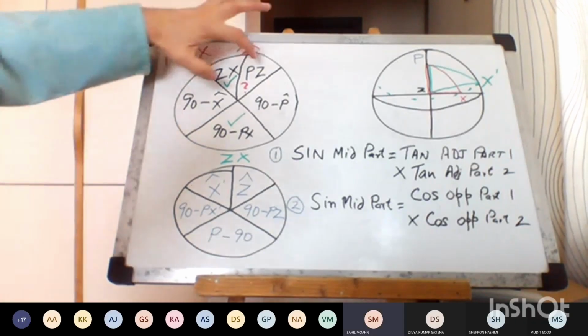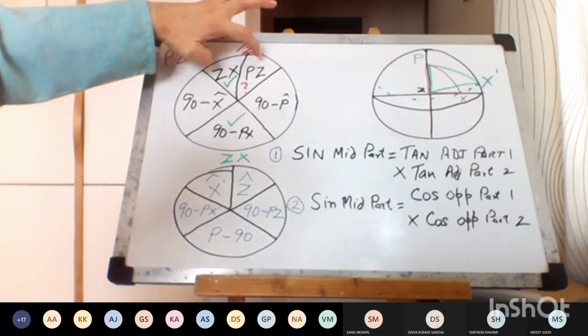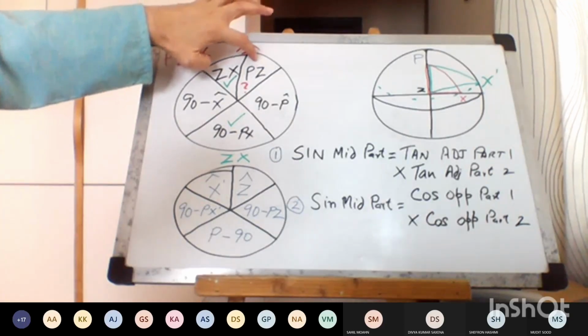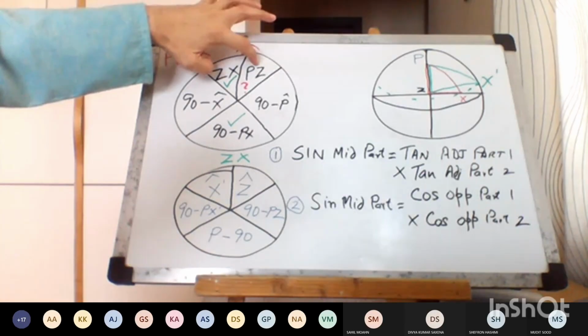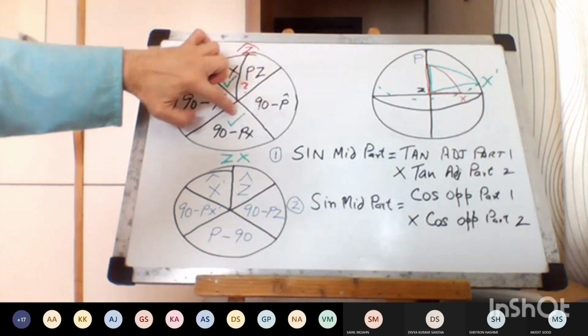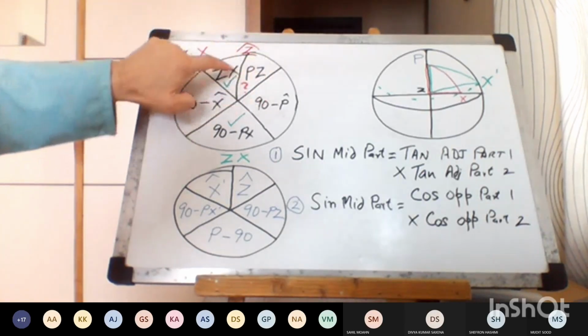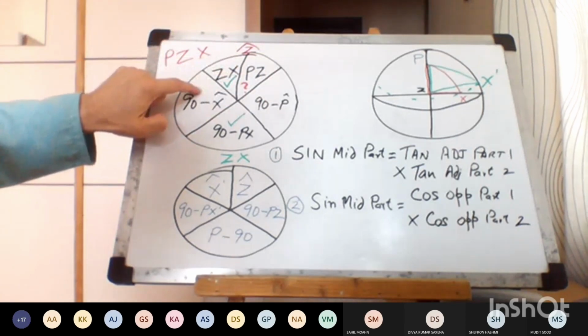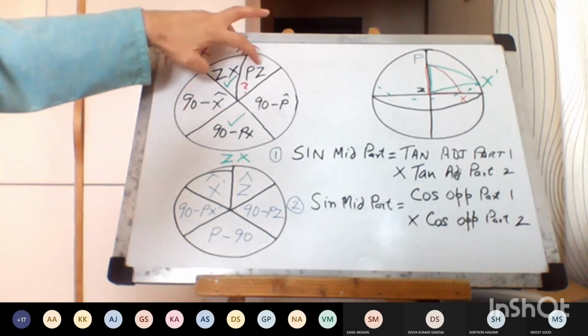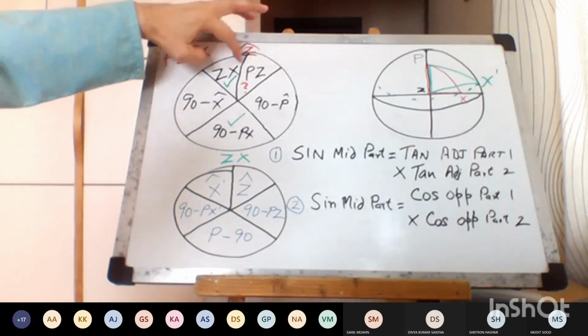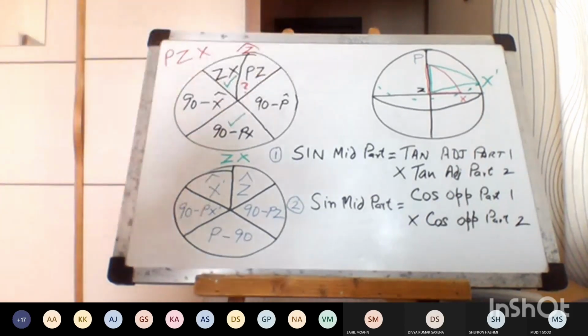Just because I have to find Pz does not mean that I have to keep it as the middle part. Because if I keep this as the middle part, then this one is okay, opposite, after leaving one, but this one is not okay. I don't know the opposite part. If I use formula 1 adjacent part, I know one adjacent, but I don't know the other adjacent.